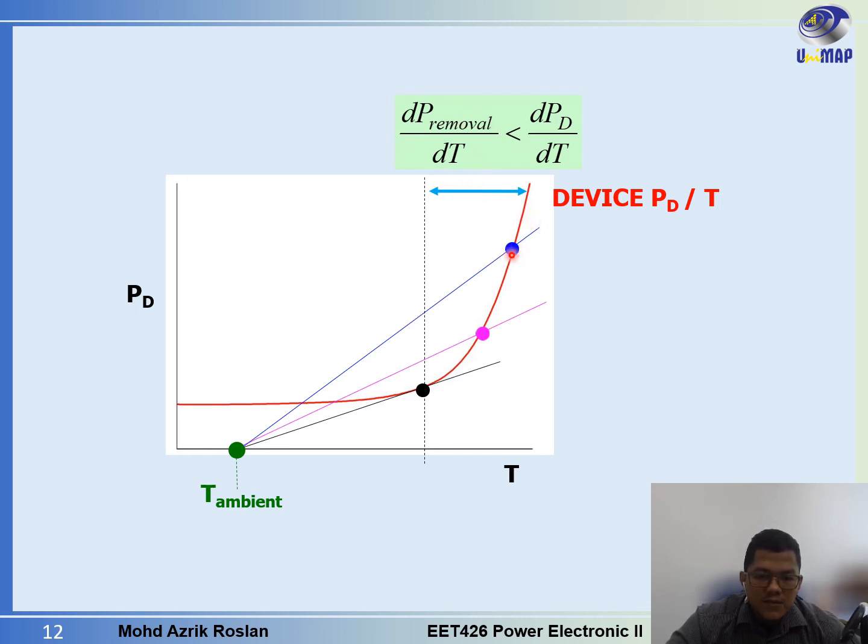Let's say we take the blue dot as an example. At this blue dot, imagine you have a straight line connecting to the blue dot. So the slope here will be much higher compared to the straight line from the ambient temperature to the blue dot. Okay, so that's why you have this area.